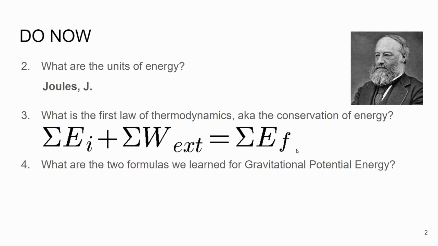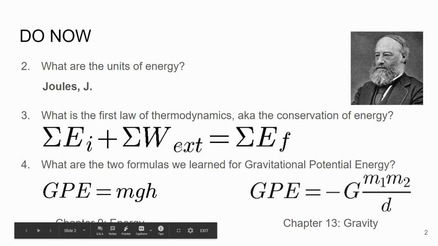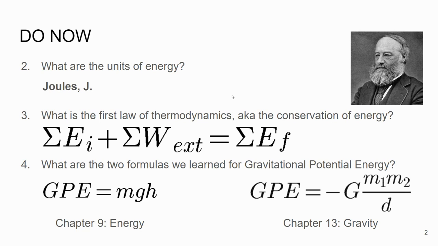And the fourth question, what are the two formulas we learned for gravitational potential energy, GPE? Well, in chapter 9, when we first did energy, we learned that GPE is mgh, and that works if you're always near the surface of the Earth. So Alice goes to the top of the slide and then goes down. How much GPE did she have at the top of the slide? Things like that.